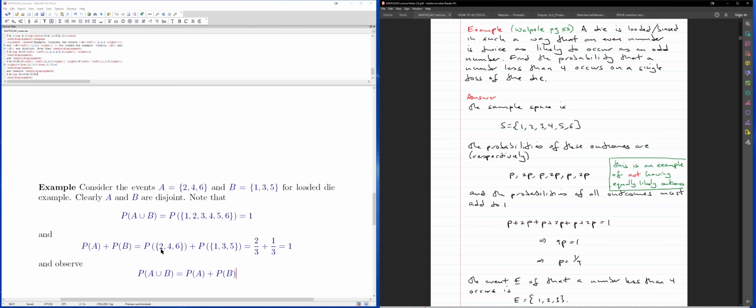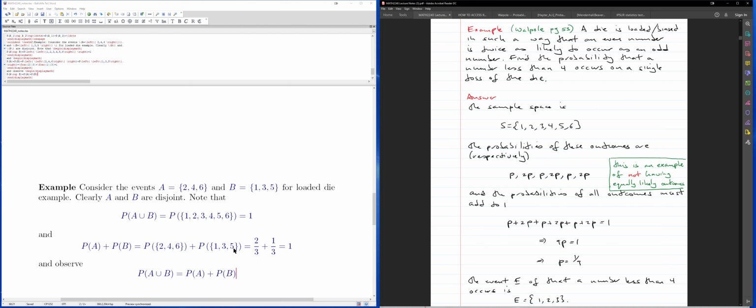The probability of A is the probability of 2 plus the probability of 4 plus the probability of 6. Remember, if you want to work out the probability of an event, you add the probabilities for each of the outcomes. Because you have a loaded die, the probability of each even number is 2/9, so 2/9 plus 2/9 plus 2/9 gives you 6/9, which is 2/3. The probability of an odd number is the probability of 1 plus 3 plus 5.